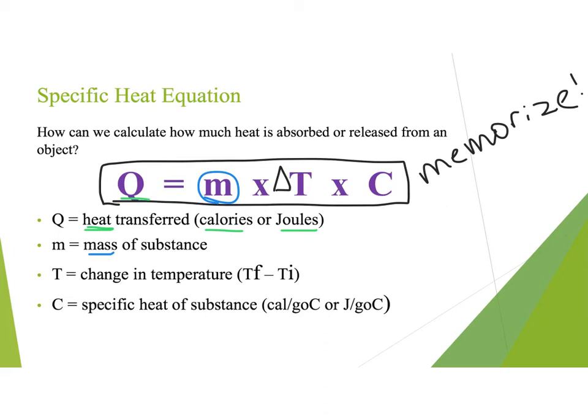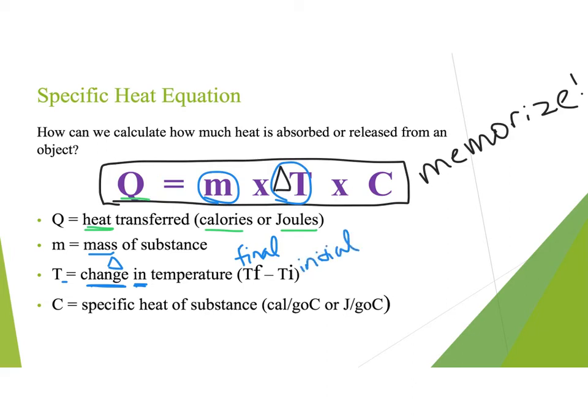Now, delta T is the change in temperature. That's why it's got the little delta sign or the triangle in front of it. Anytime you see a triangle in front of a variable, it means the change. So we need to know the final temperature that the substance reached, and also the initial temperature.